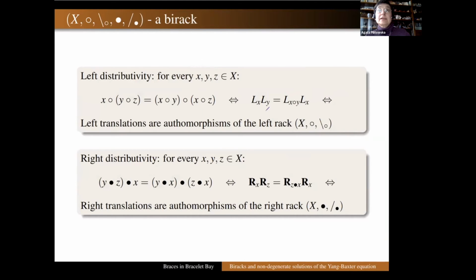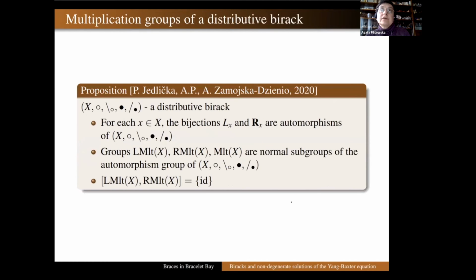Okay, if we take a Birack, left distributivity for this structure means that all left translations are automorphisms of the left rack. And dually, because all is symmetrical, right distributivity means that all right translations are automorphisms of the corresponding right rack. But we have even more.